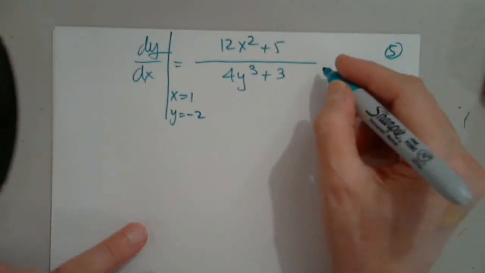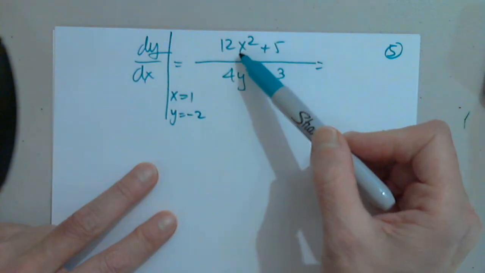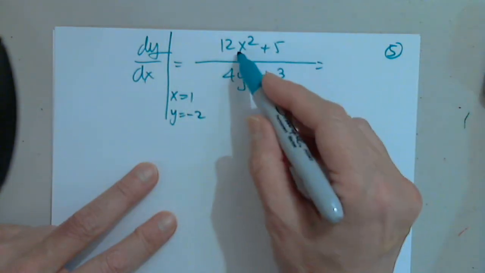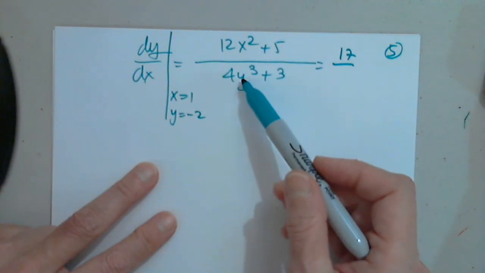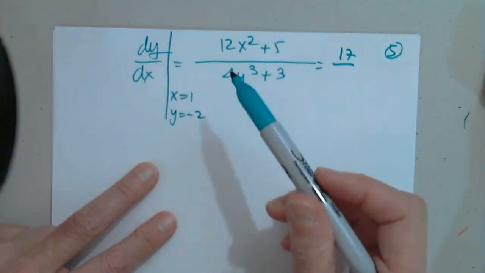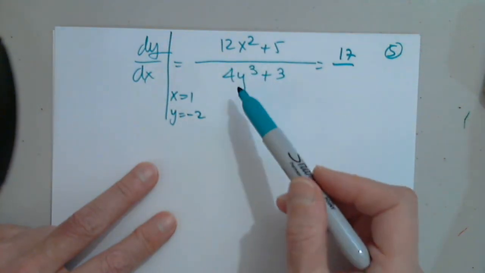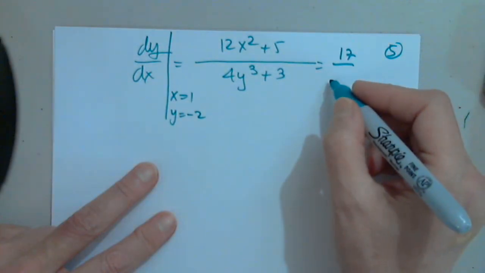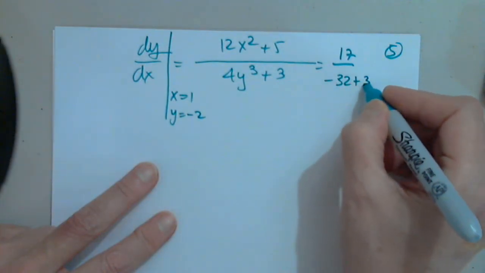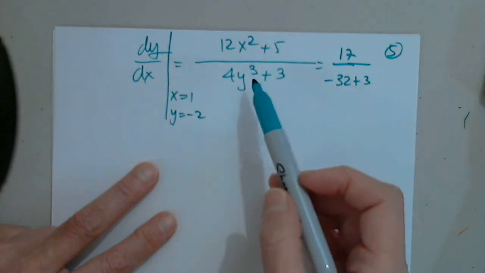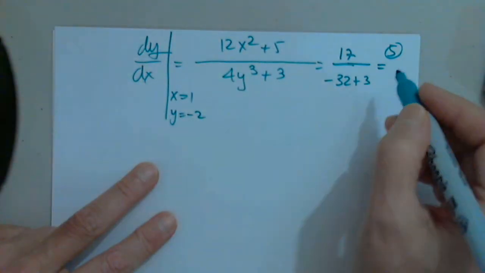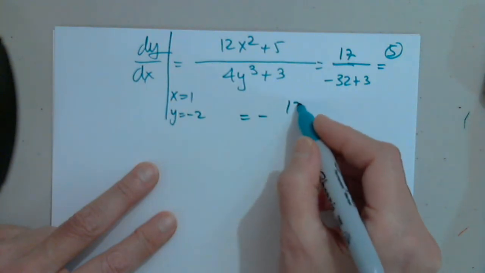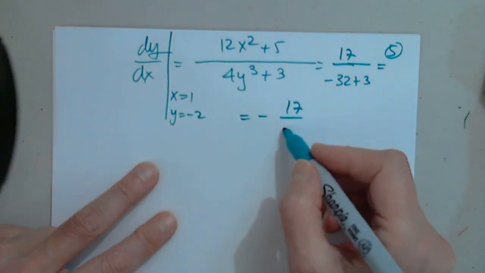Okay, so 12 times 1 squared, which is 1, so 12 plus 5 is 17. And here I have negative 8. 4 times negative 8, negative 32, and plus 3. Correct my numbers anytime. So this is negative 8. Yes, so this will be negative 17 divided by 29.